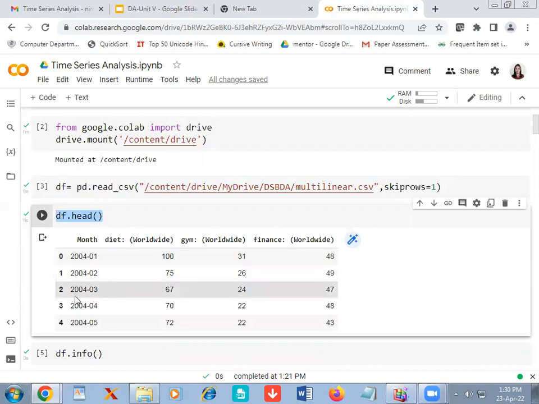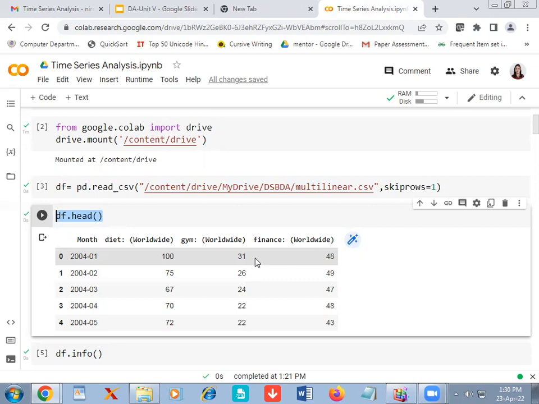Then the second month of 2004, then the third month, the fourth month. Likewise we have different distribution of your data. This data indicates that in the first month of January, 100 people are interested in diet, 31 people are interested in gym, and 48 were interested in finance.